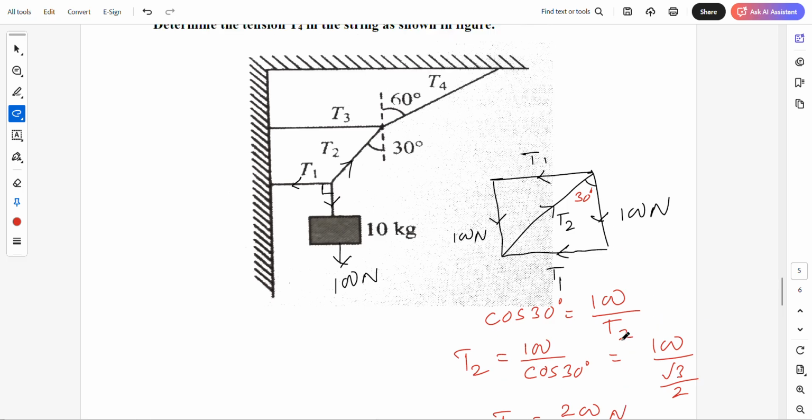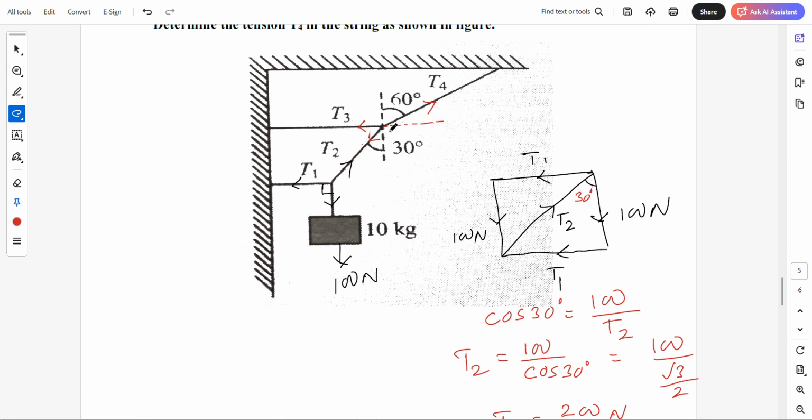But now what you have to calculate? You have to calculate T4. Okay. Now I will use what? Lami's theorem now. This is T3, this is T4, and this is T2. Now, what is the angle here?